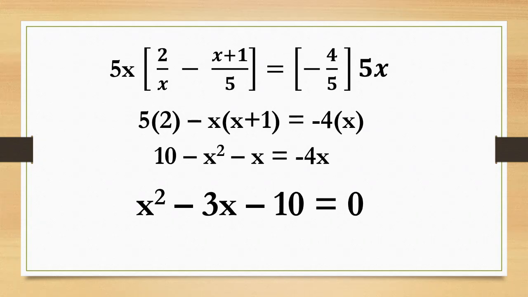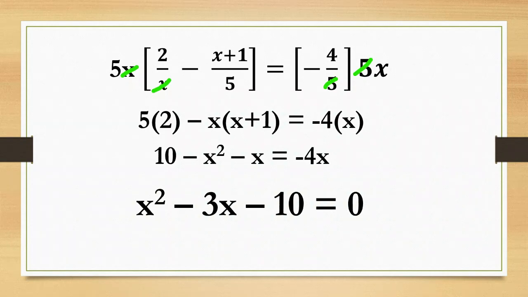And since the LCD is 5x, the equation becomes 5x times the quantity of 2 over x minus x plus 1 all over 5 equals the quantity of negative 4/5 times 5x. And then of course, we simplify the resulting equation. 5x times 2 over x, we can cancel x, so it becomes 1.